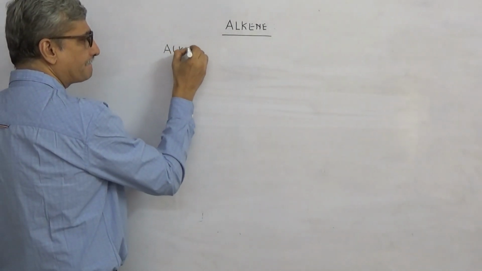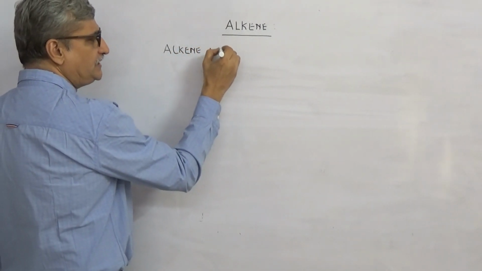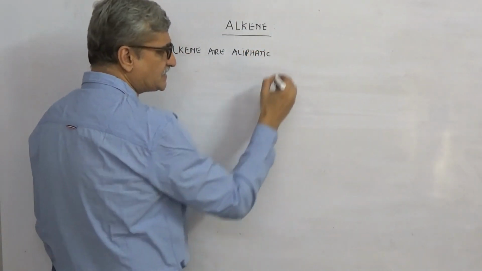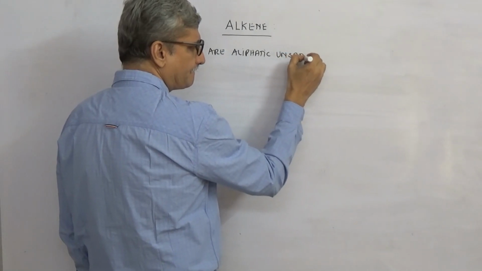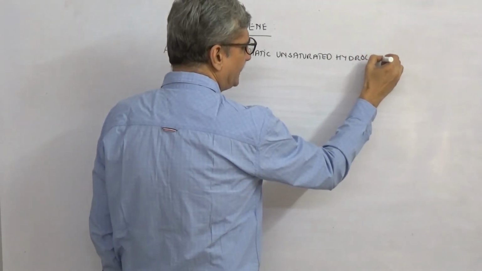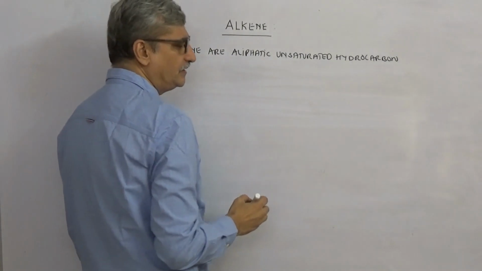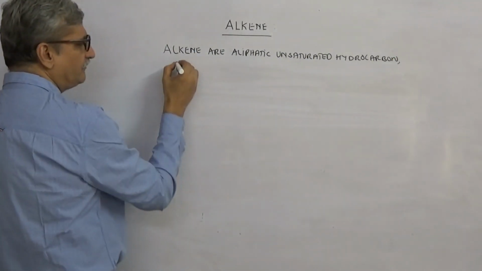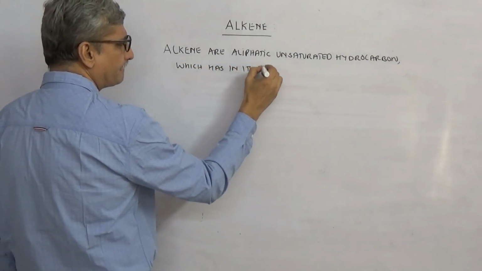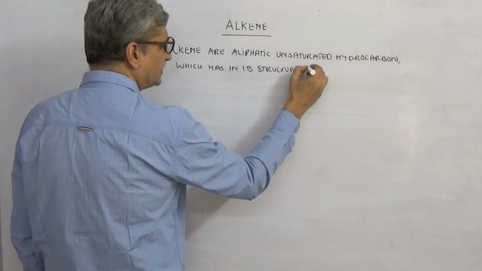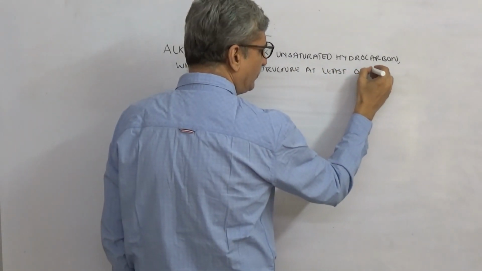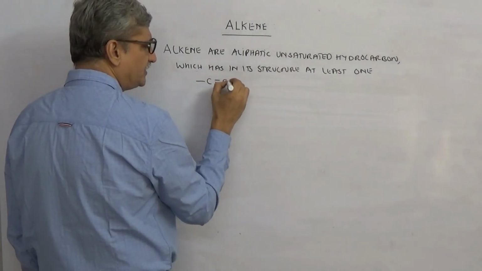Alkenes are aliphatic unsaturated hydrocarbons, which have at least one carbon-carbon double bond in their structure.